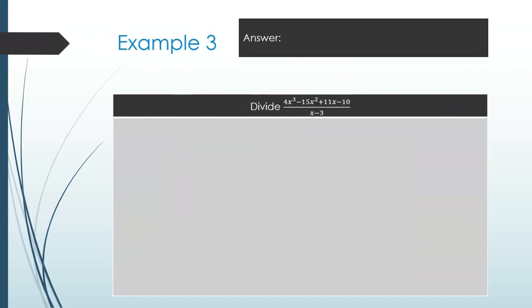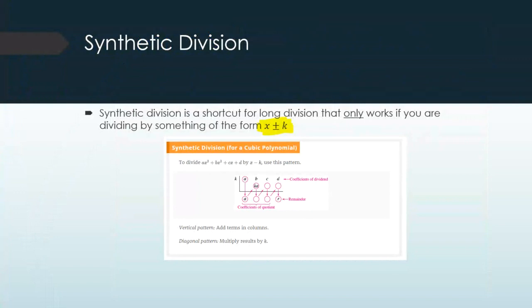Now I set mine up a little differently than the book does. The book sets it up like this. Some books will set it up like this. I set it up like this. So there are different ways. It depends on which book you're seeing. I set it up as the bottom one because that's easier to put in Word if you're typing your work, because you can do a table.